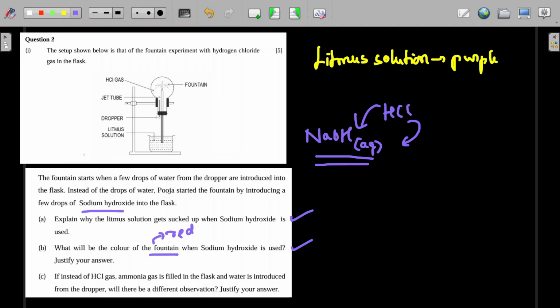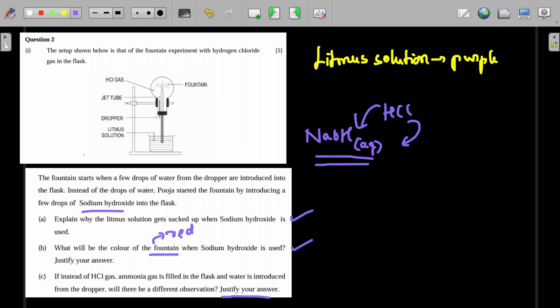If instead of HCl gas, ammonia gas is filled in the flask and water is introduced, will there be a different observation? Yes. Because it is simply the fountain experiment of ammonia, you will get a blue fountain. Reason being, ammonia is a basic gas.